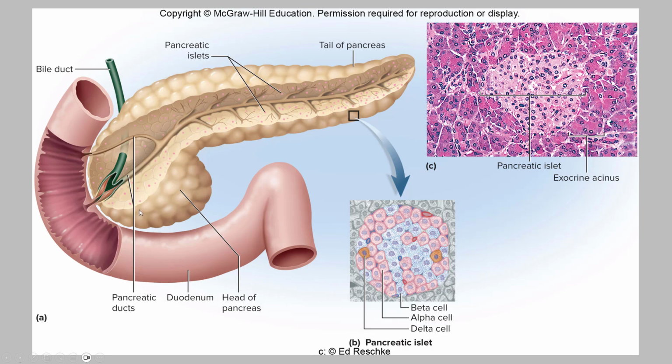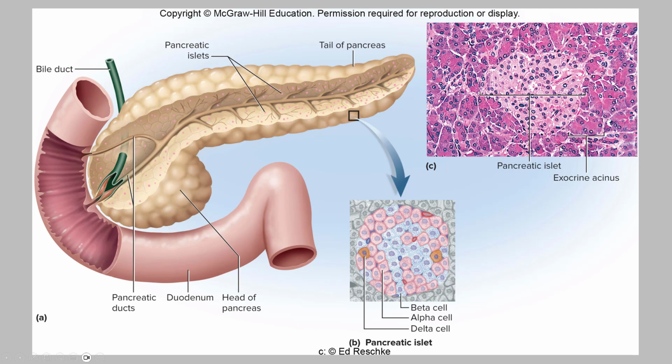We can more make out that larger area called the head of the pancreas, and that long pointy area, the tail of the pancreas. Here we can see the pancreatic ducts spilling into the duodenum. Now, up here at the top right, this is what I was talking about. We can see those dark staining areas and light staining areas. And this is where we get into the difference in endocrine and exocrine with the pancreas.